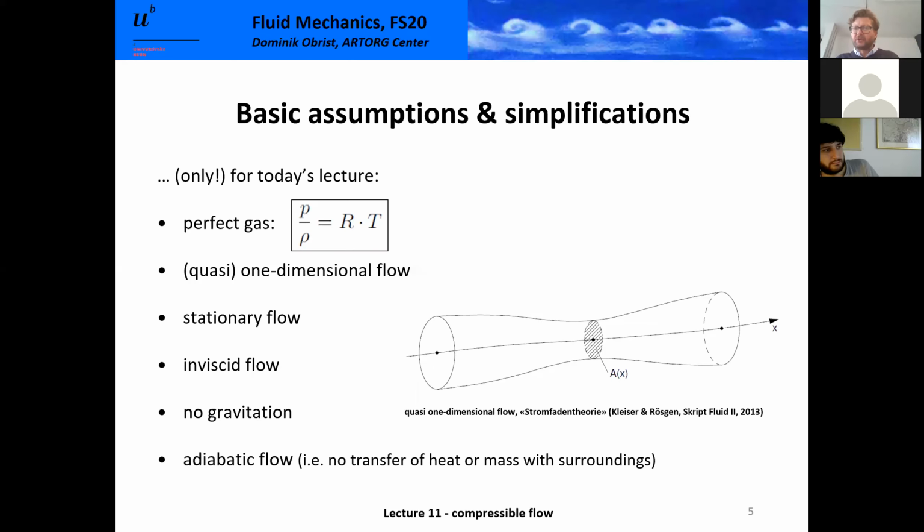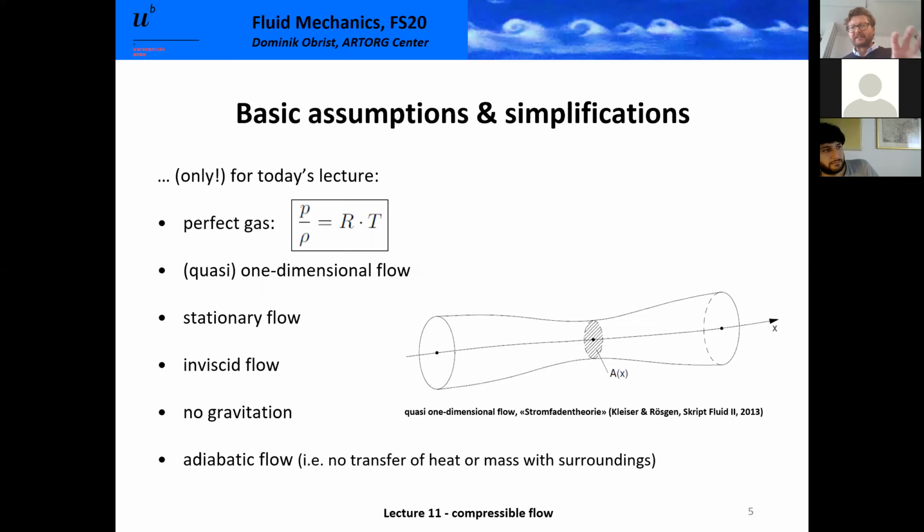That's a constant you can look up in tables for every gas, and T is obviously the temperature. So it says that the ratio between pressure and density is proportional to temperature. You increase temperature, the ratio P over rho goes up, and vice versa.